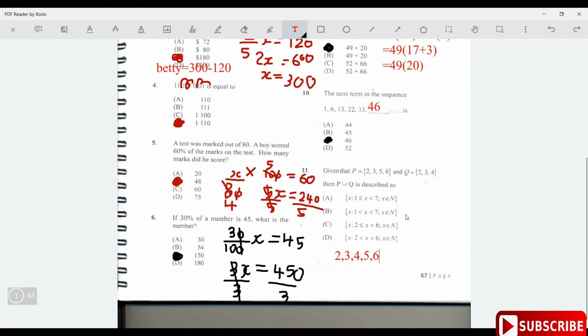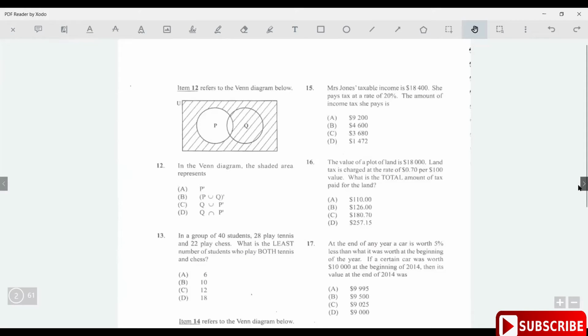Now, which of these sets includes 2, 3, 4, 5, and 6? Let's examine. It's not in A because 1 shouldn't be in the options. Now, X is such that X is between 1 and 7. Between 1 and 7 is from 2 to 6. So it has to be option B. Easy question.